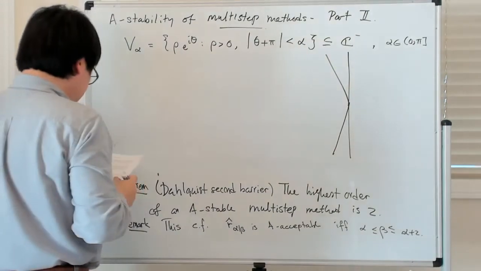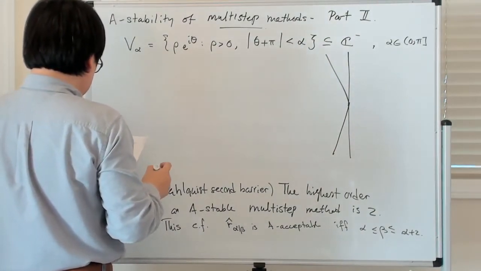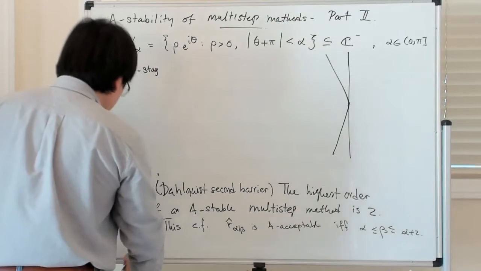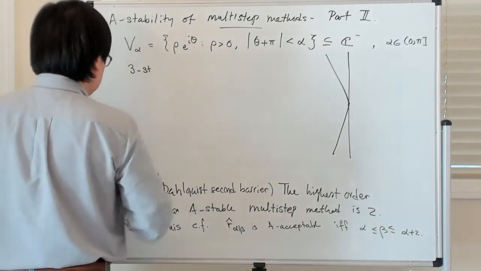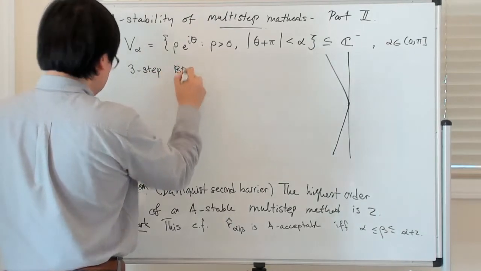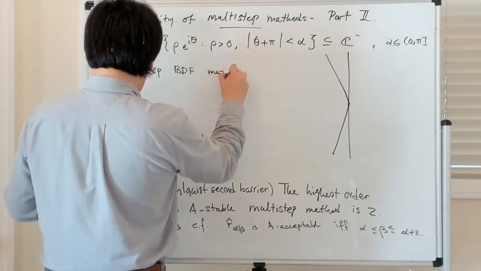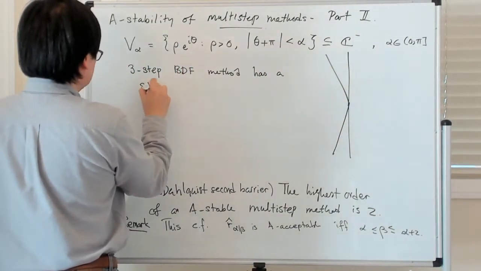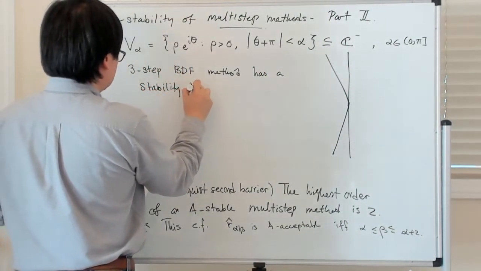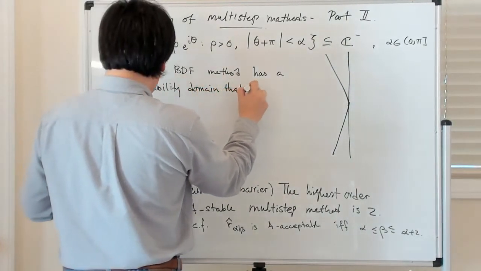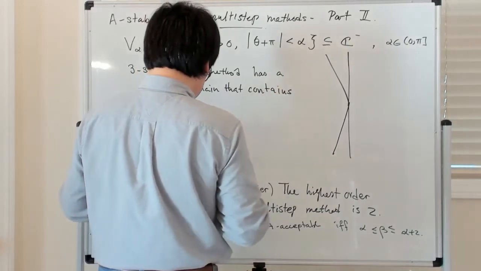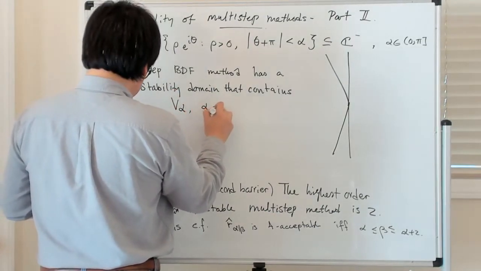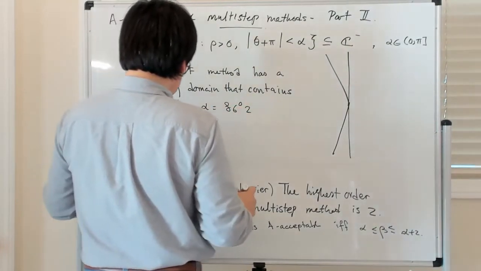So you can check that the three-step BDF method has a stability domain that contains one of these V alphas, where alpha is about 86 degrees, 2 minutes.